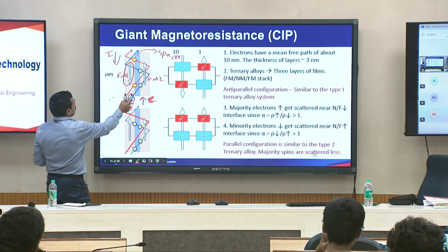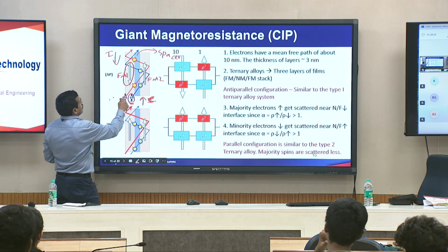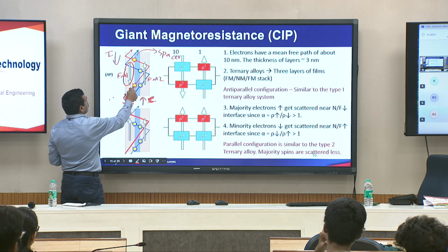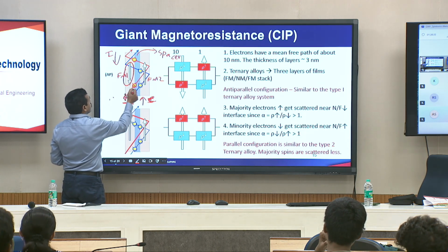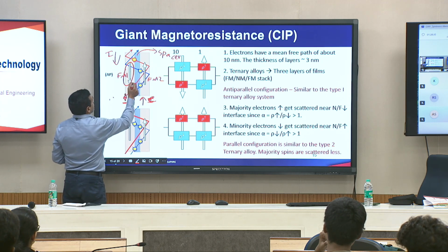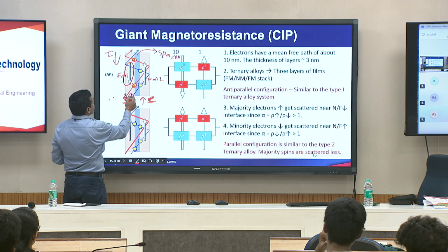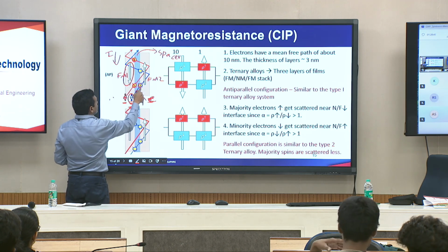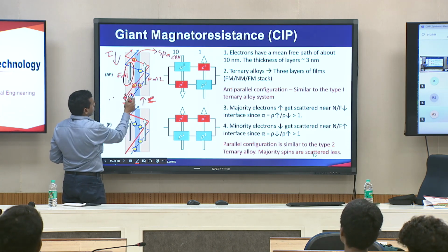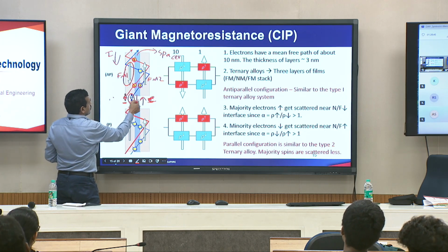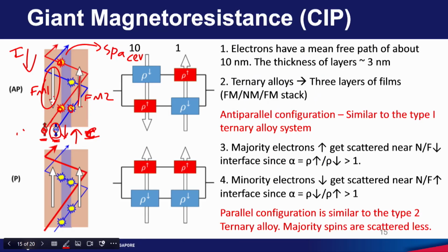This electron is majority here, but it is minority here, so it will get scattered here. Whereas, this blue electron will get scattered here because it is minority in this configuration. You see that the spin is like this, the magnetization is like this.